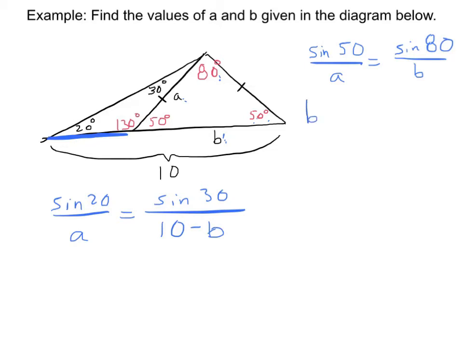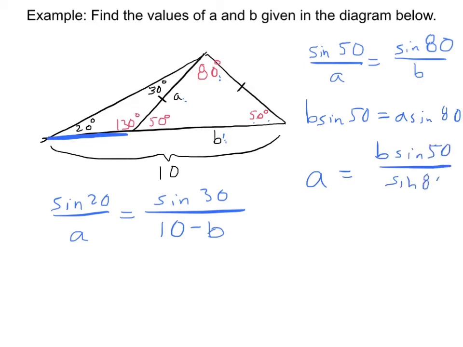So over here, I'll have b sine 50 equals a sine 80. It means I could even solve for a. I could get that a is equal to b sine 50 over the sine of 80. And in this one over here, if I move things around again, I could end up with 10 minus b sine 20 equals a sine 30.